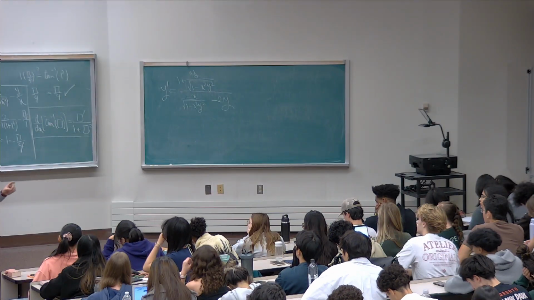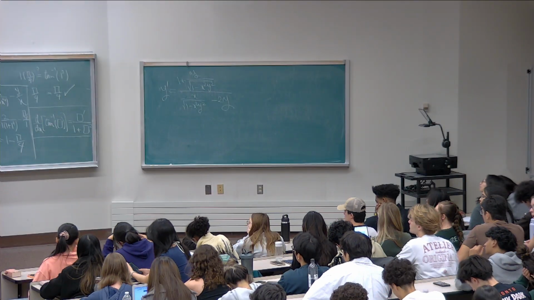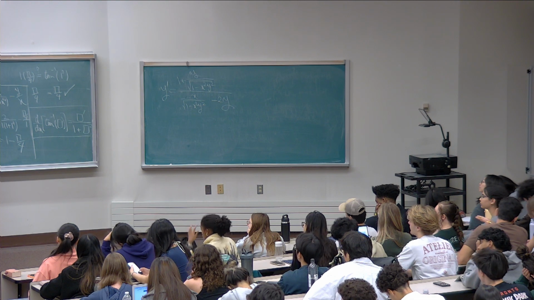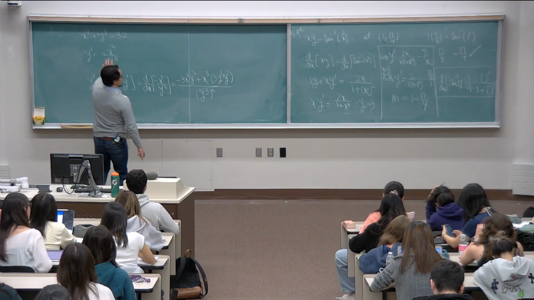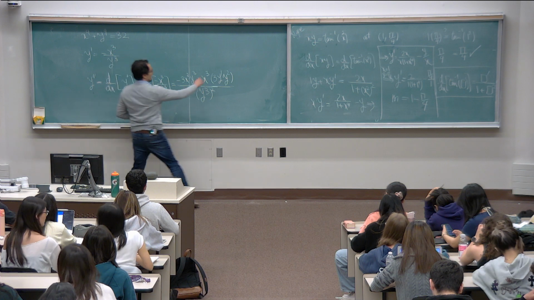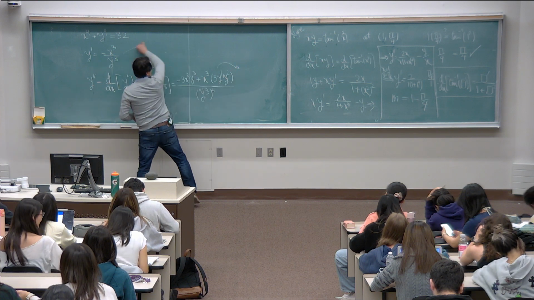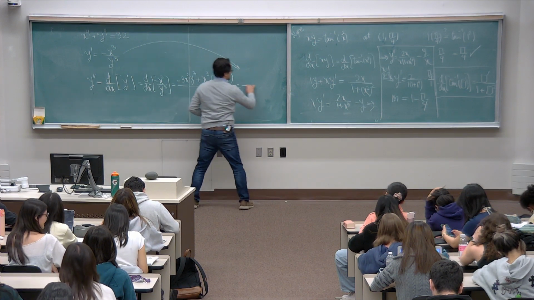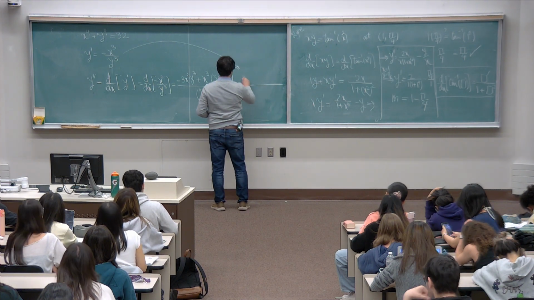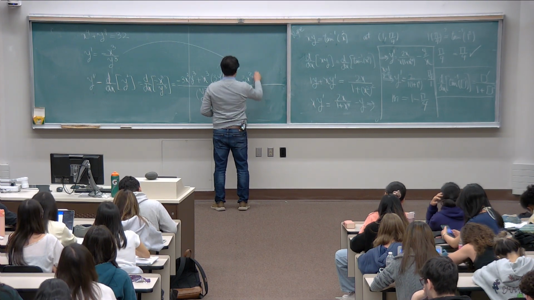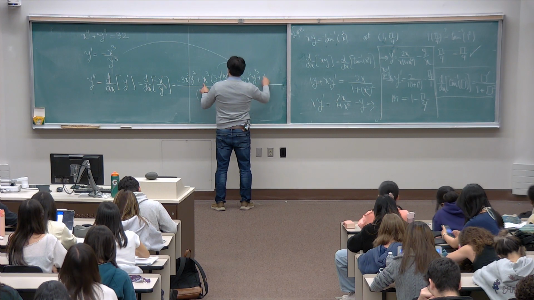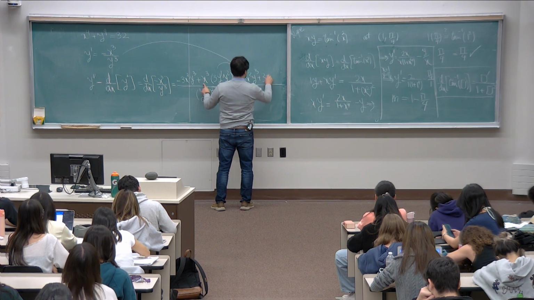How are you going to get rid of that y prime there? We already have y prime in terms of x and y. You just plug it in here, and then that will be the final answer. Minus 3x squared, x cubed, plus 3x cubed.